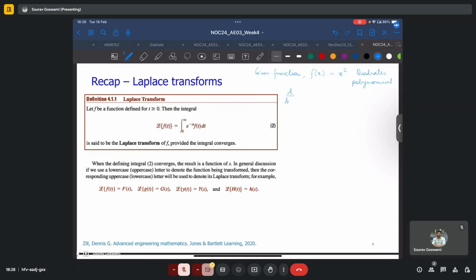If we take the derivative of f(x) with respect to x, we get 2x, which is a linear function. If we integrate f(x) dx, and this is an indefinite integral, we will get x cubed by 3 plus some constant of integration. Now this is a cubic polynomial.